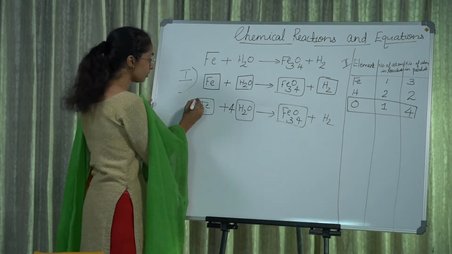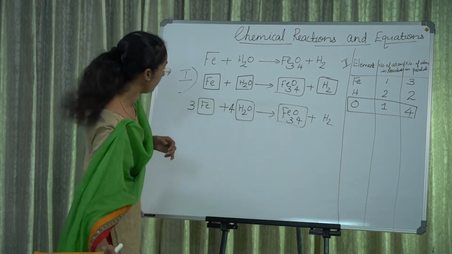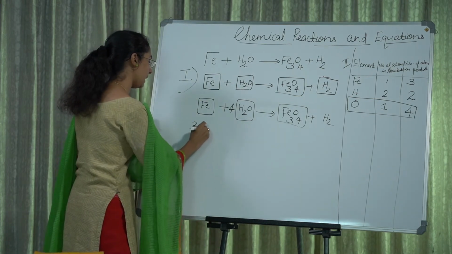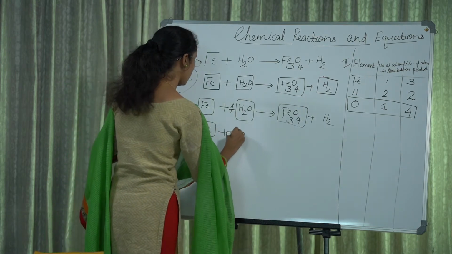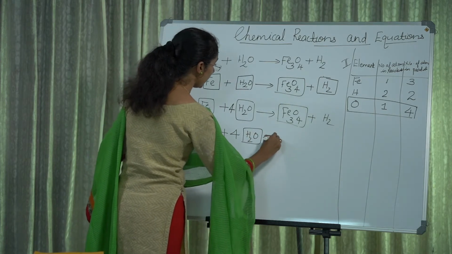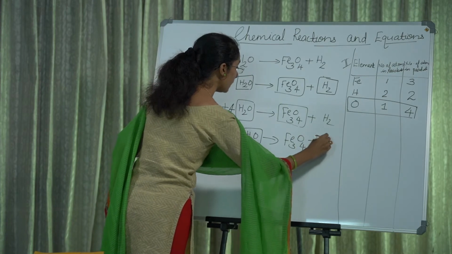So next step, 3 Fe plus 4 H2O gives Fe3O4 plus H2.